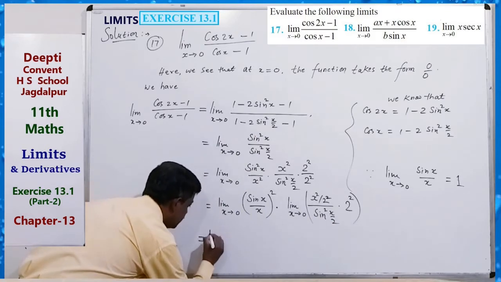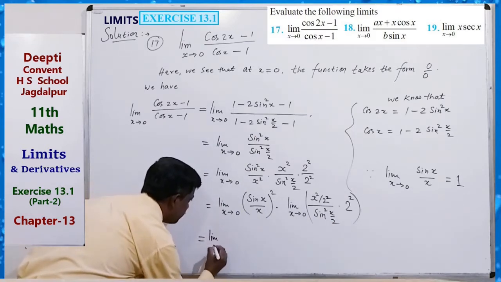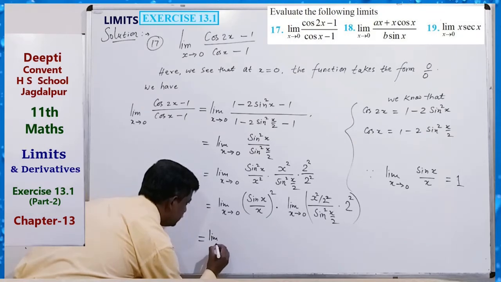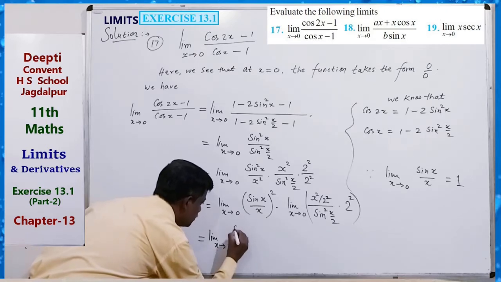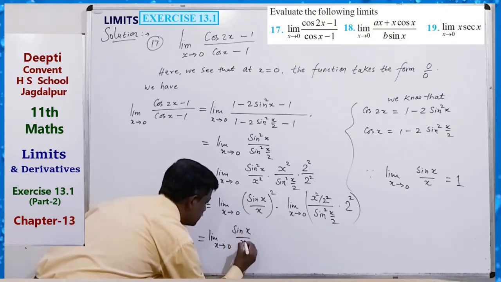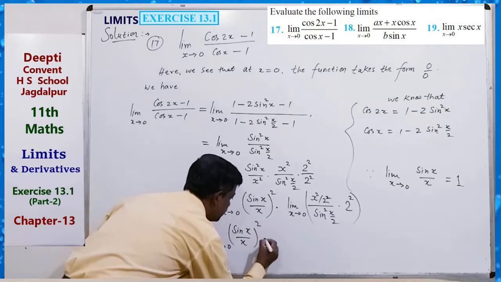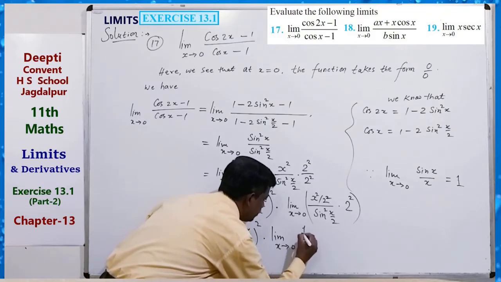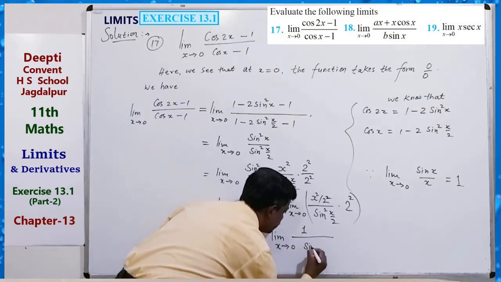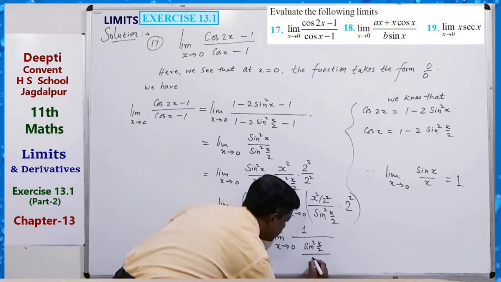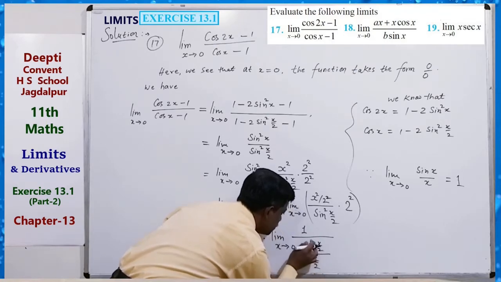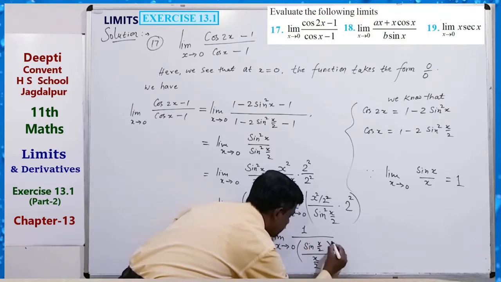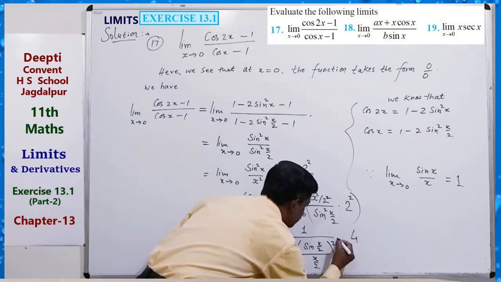Now we can write the limit as x tends to 0 of (sin x upon x) square, into the limit as x tends to 0 of 1 upon (sin x by 2 upon x by 2) square, into 4.